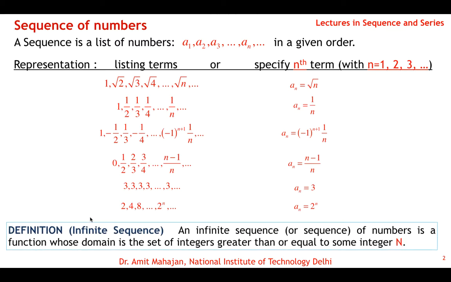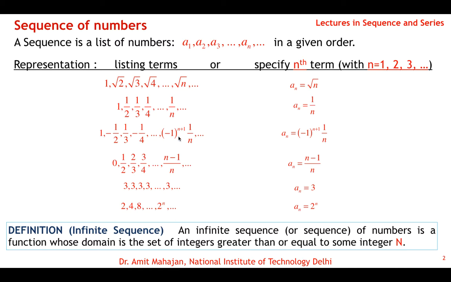So we can define an infinite sequence of numbers as a function whose domain is the set of integers greater than or equal to some integer N. Specifically here we said n is equal to 1, 2, 3, but it may start with n equal to, say, 6, and then 6, 7, 8, and so on. So a sequence is a function whose domain is the set of integers greater than or equal to some integer N, and then we have these elements as the sequence elements.